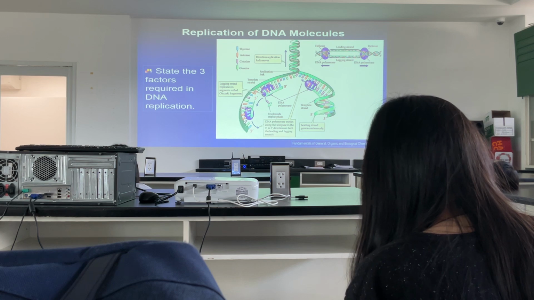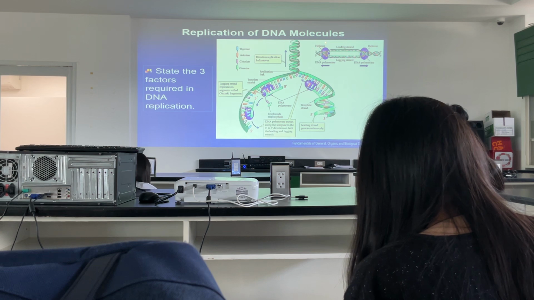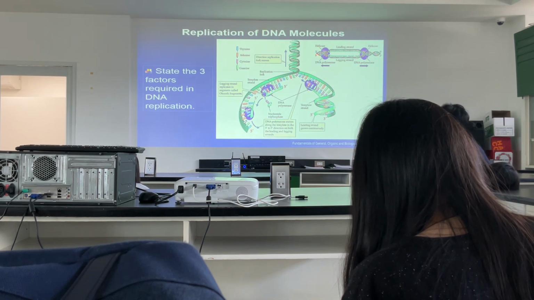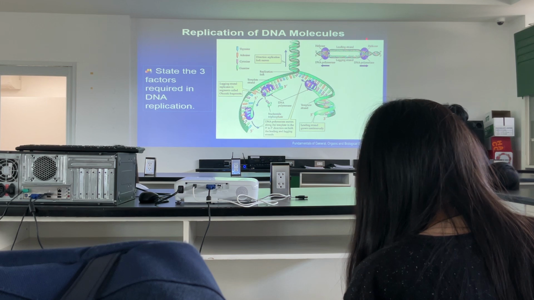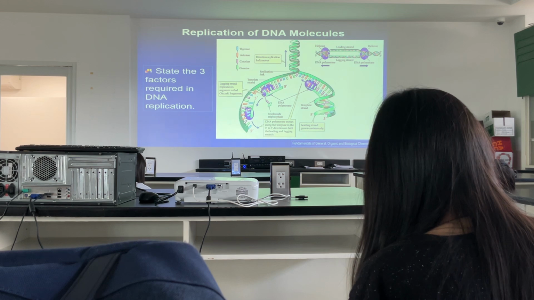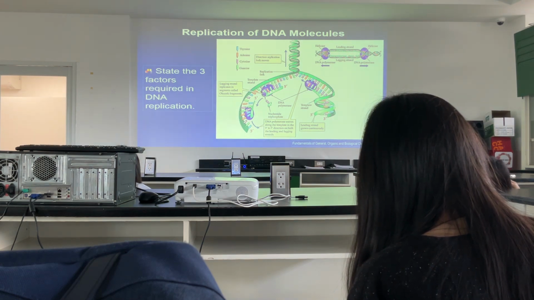Now the other enzyme, you also need DNA helicase. What is the catalytic activity of this enzyme? It will cause unwinding of the two strands in your DNA molecule, because for DNA replication to occur, the two strands must unwind, and each strand will serve as a template in the formation of a new strand.